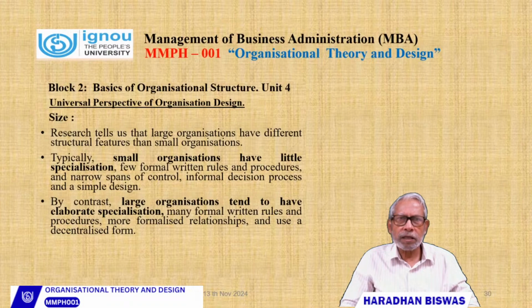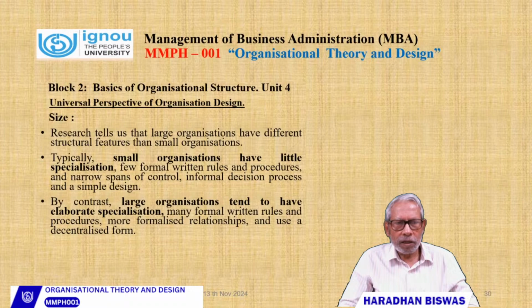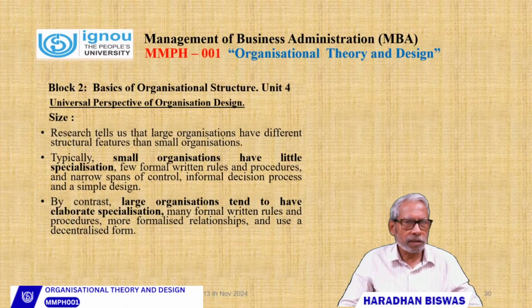By contrast, large organizations tend to have elaborate specifications, many formal written rules and procedures, more formalized relationships, and use a decentralized form. So here we are talking about small and large organizations with regard to size.